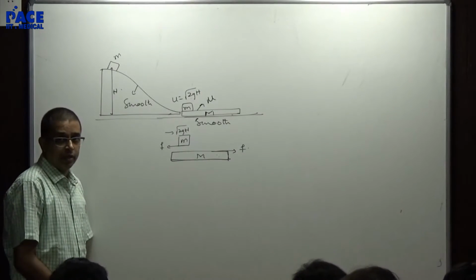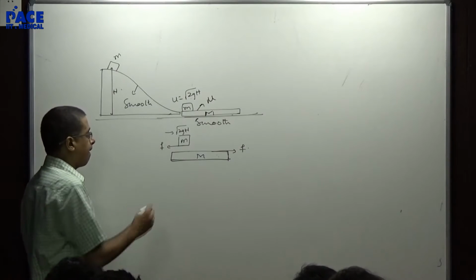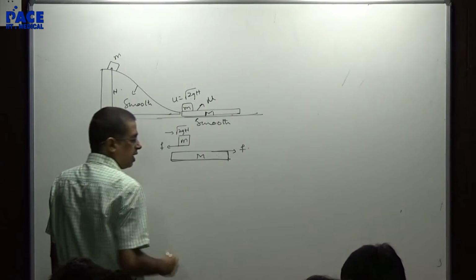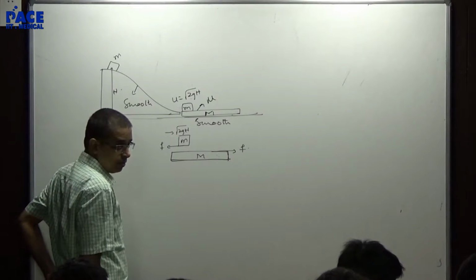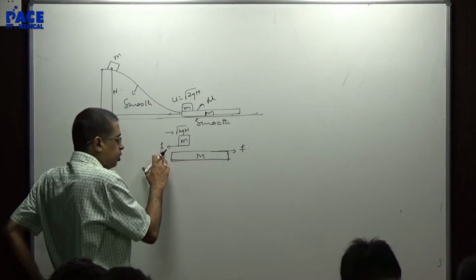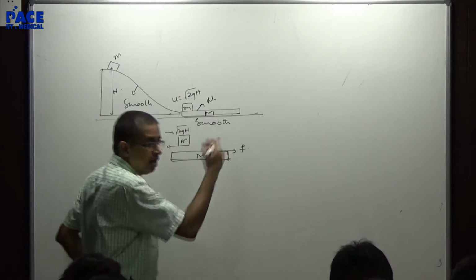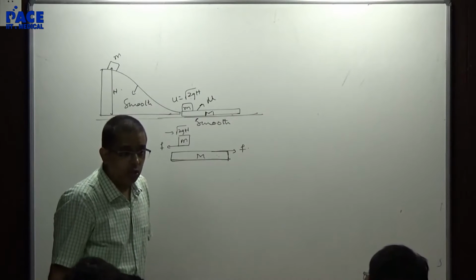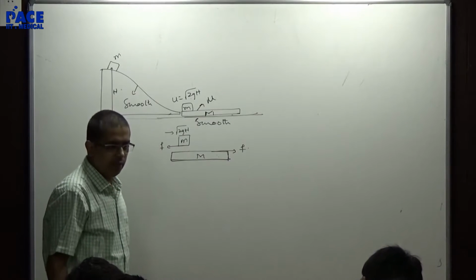Now please pay attention here. On small m, friction is acting backwards. On capital M, friction is acting forwards. Technically, I should calculate the value of friction and multiply that with displacement. Instead, I have a convenient alternative for myself.